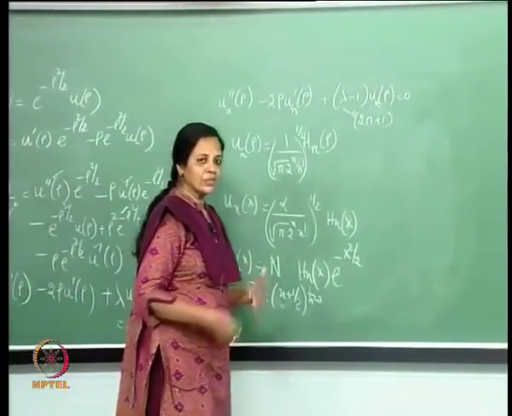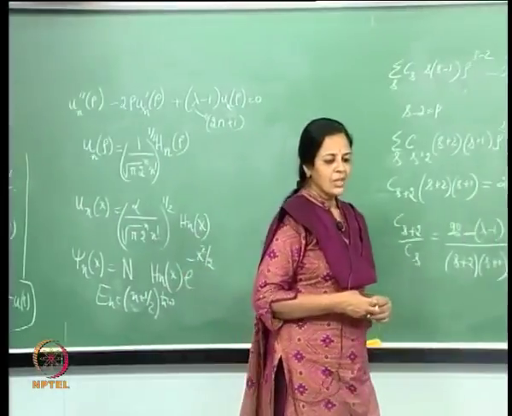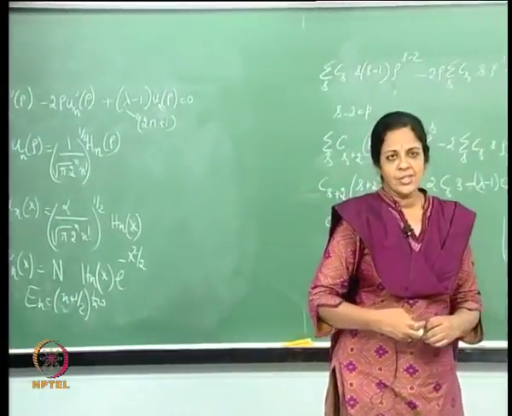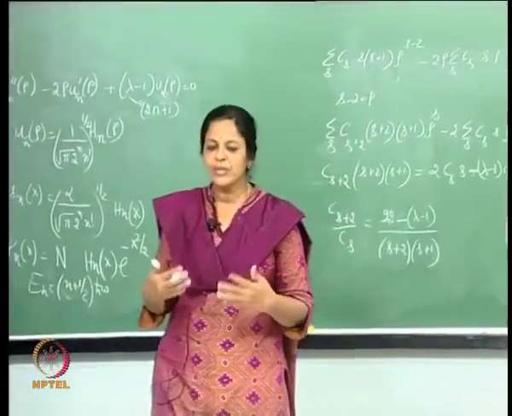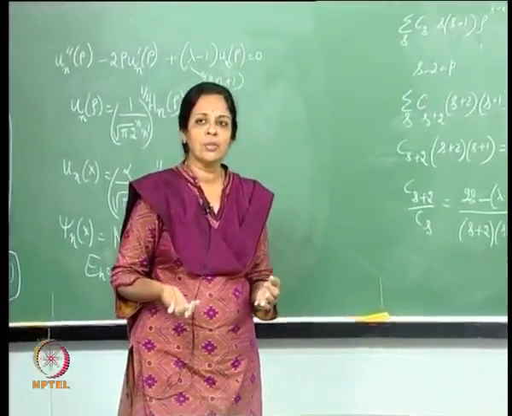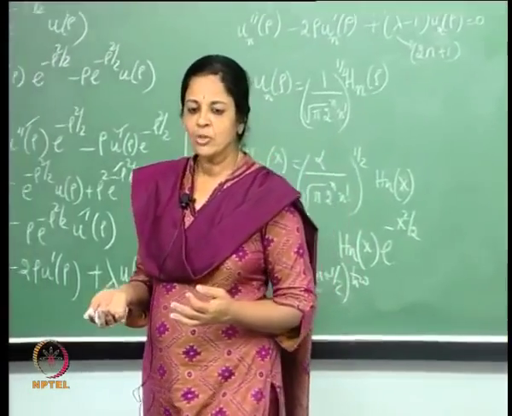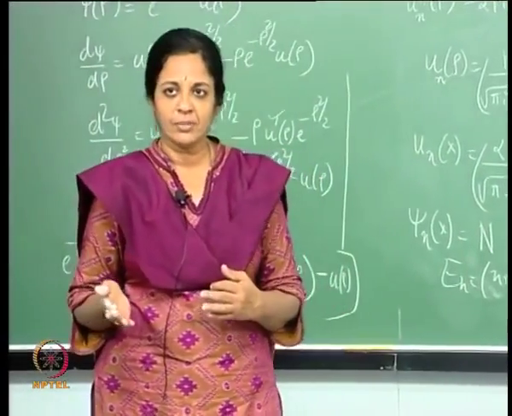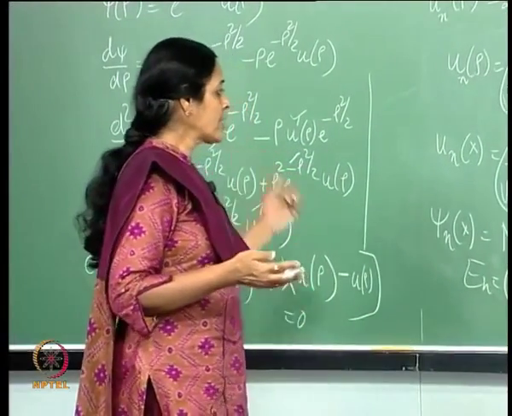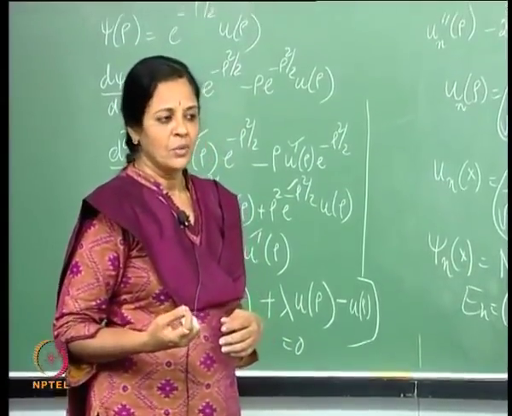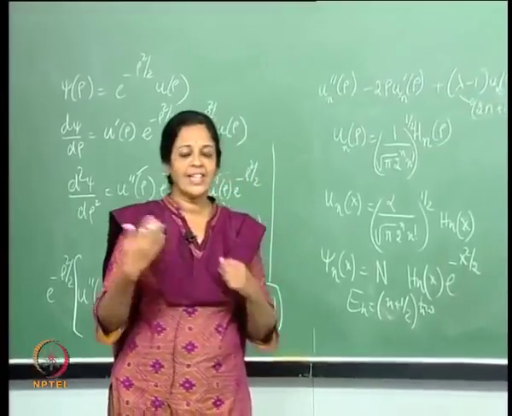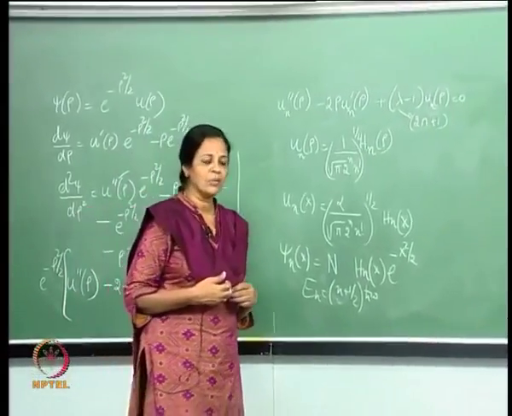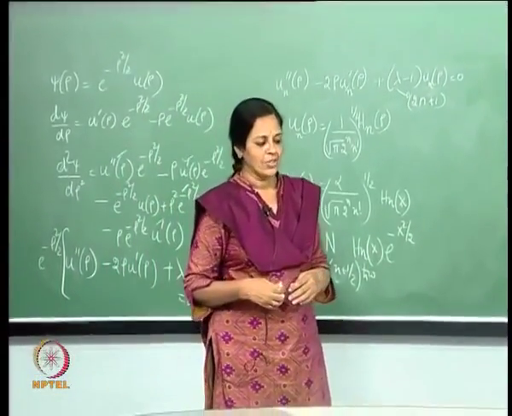So in this method of working out eigenvalues and eigenfunctions, there are some crucial points which are worth noting and which we will be using in subsequent problems that we will consider. Wherever possible, we will go to dimensionless variables. In this case, we went to rho and lambda, where rho itself did not have the dimensions of length, x did, and alpha had dimensions of 1 by length, and therefore rho was dimensionless.